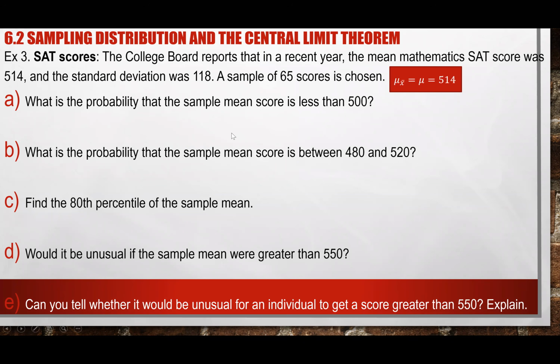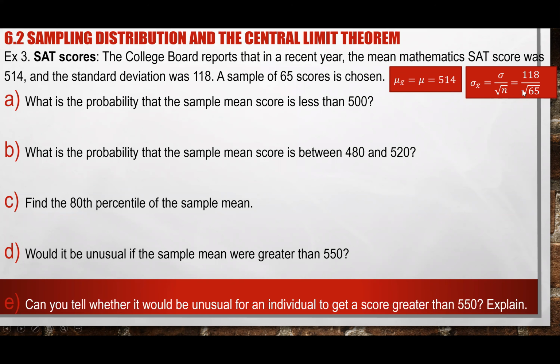And we know that we need to find the standard deviation, or standard error, I should say, sorry. Standard error, in this case, we need to take the 118 divided by the square root of 65, because that is your sample, right?